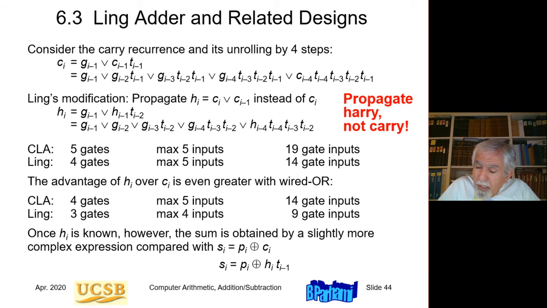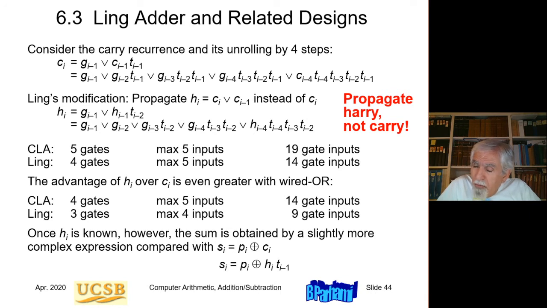What you pay for this simplification in the carry propagation or Harry propagation is that the sum expression is a little bit more difficult, whereas for regular carries, the sum is simply the XOR. This is at the very bottom of the slide. The sum is the XOR of Pi and Ci. In the Ling adder, the sum is the XOR of Pi and the AND of Hi and Ti minus 1.